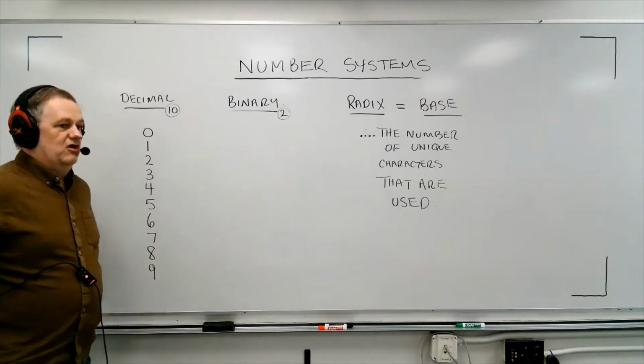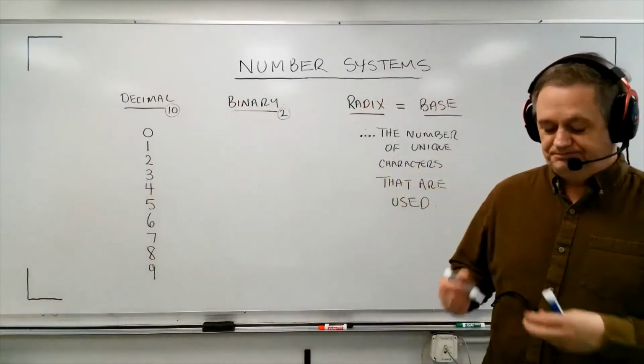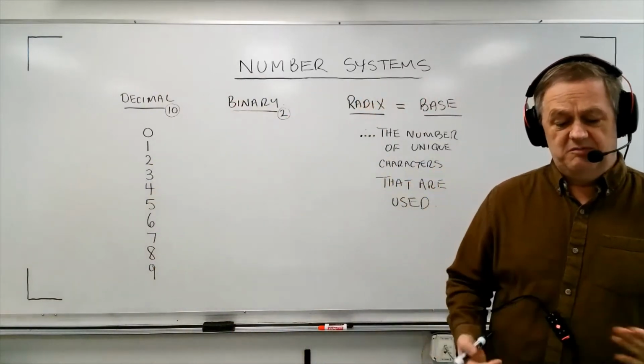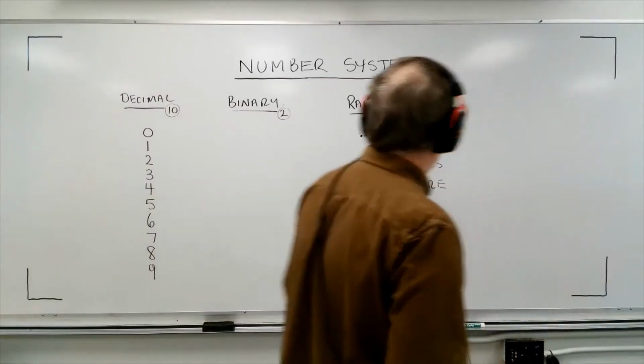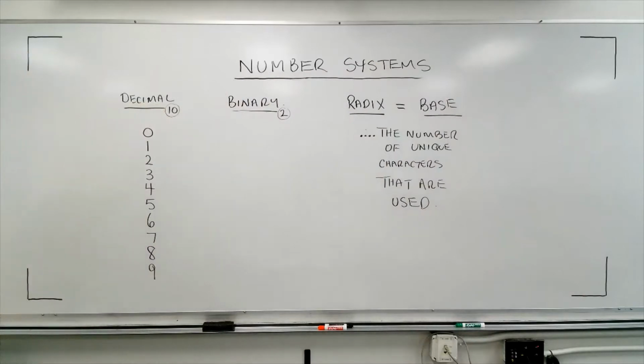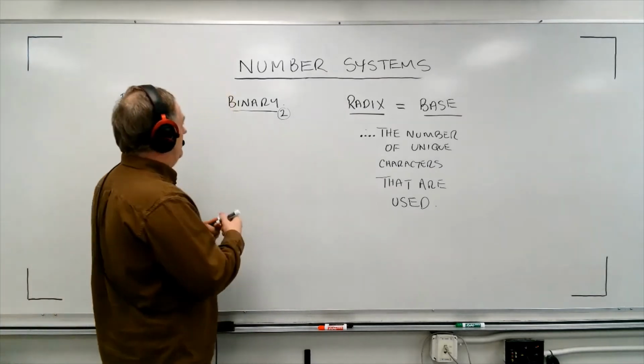Now, any number that you have in the decimal system is going to be made up of a combination of those characters. And so we say that the radix essentially is 10, and that means we have 10 unique symbols that we can use.